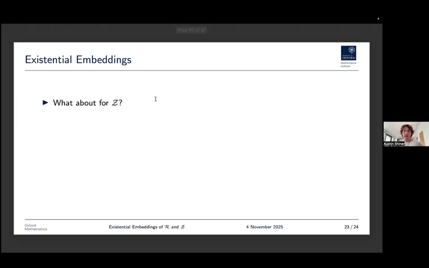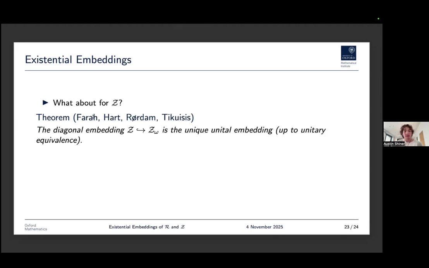This brings us to the very last thing I want to talk about, which is: is Z existentially closed? Or what are the existential embeddings of Z, really? We have this theorem of Farah, Hart, Rørdam, and Tikuisis, which is the analog of the uniqueness of the diagonal embedding for R, which says that the diagonal embedding of Z into its norm ultrapower is the unique unital embedding up to unitary equivalence.